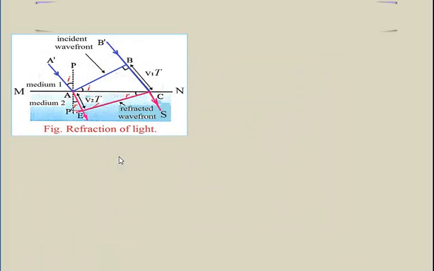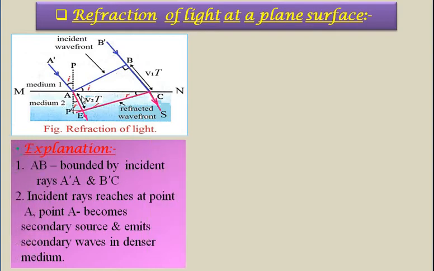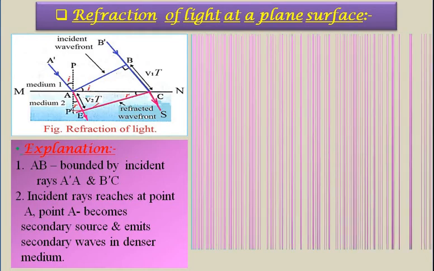The explanation for the diagram is: the plane incident wavefront AB is bounded by the two incident rays, that is A'A and B'C. The incident ray reaches point A. Point A becomes a secondary source and emits the secondary waves in the denser medium.